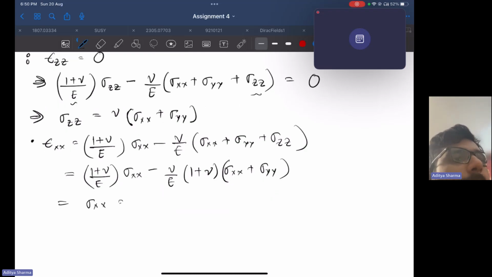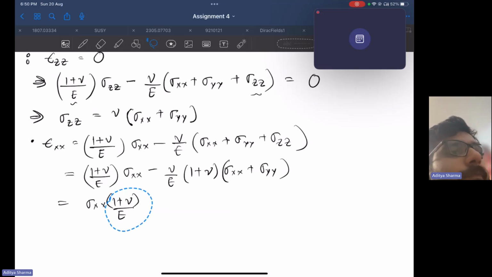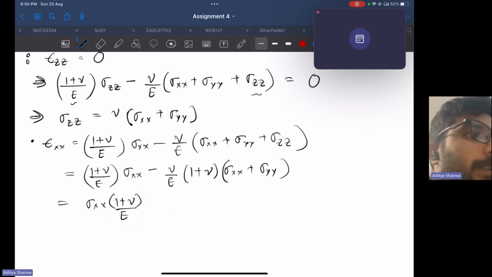Epsilon xx equals 1 plus mu by E. Take that as common.